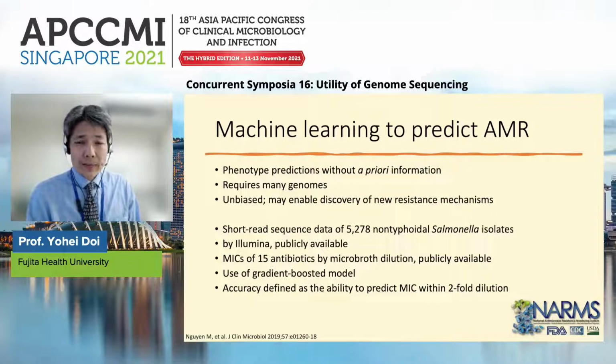And this genome information was also accompanied by MIC data of 15 antibiotics obtained by the microdilution method, also publicly available. So the authors took advantage of these data sets and used a gradient boosted model to define the ability of machine learning based prediction of AMR.